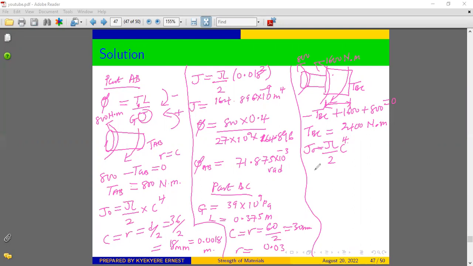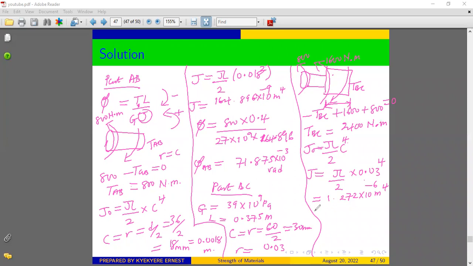So we know that J will be equal to pi on 2 times 0.03 raised to the power 4. And from here, the answer is equal to 1.272 times 10 to the power -6 meter raised to the power 4.